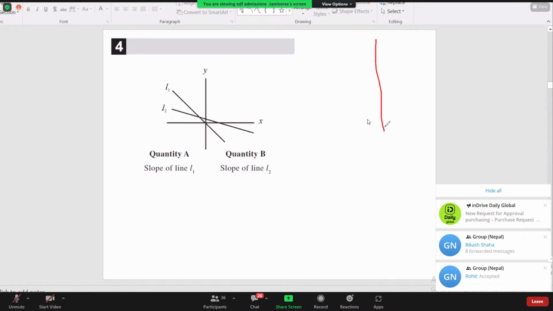I told you while explaining the concept that it doesn't matter which quadrant the line is passing through or where exactly, but it does matter what is the rate of change of y divided by the rate of change of x, which gives you the slope of the line. So you need to relate to that. It has no relevance that it is passing through the origin or not, it doesn't make any difference. Sorry, no, that's not the way.